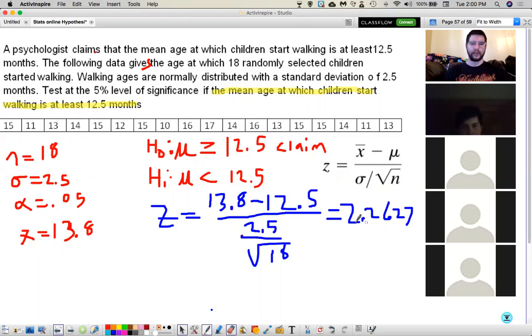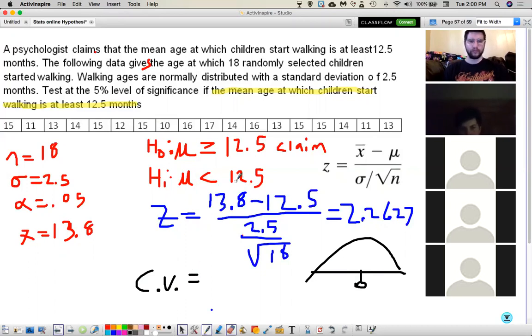Good. So that's a test statistic. We can do p-value method or traditional method from here. I did p-value first. I'll do traditional method first this time. Curve sketch. Zero right here. Let me get my critical value. I have a left tail, so alpha is 0.05.